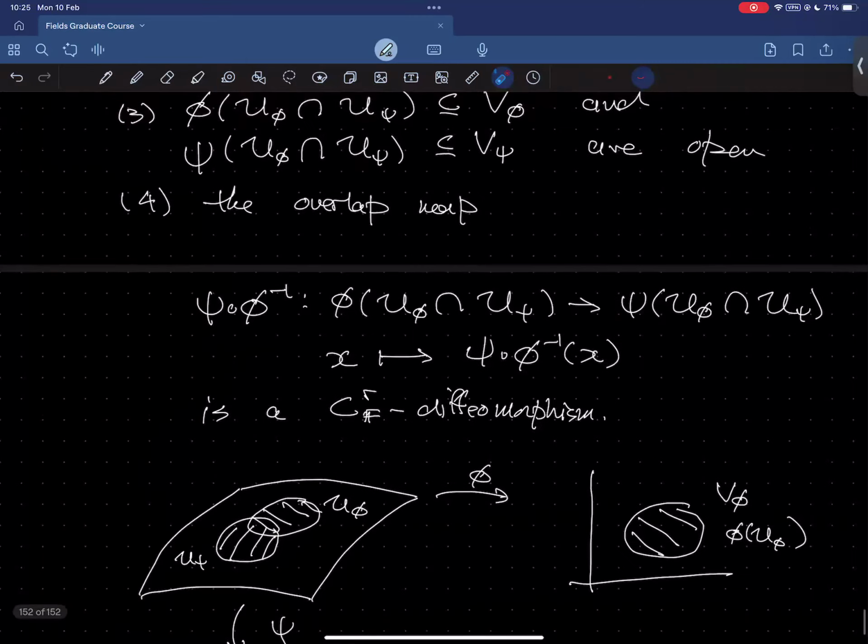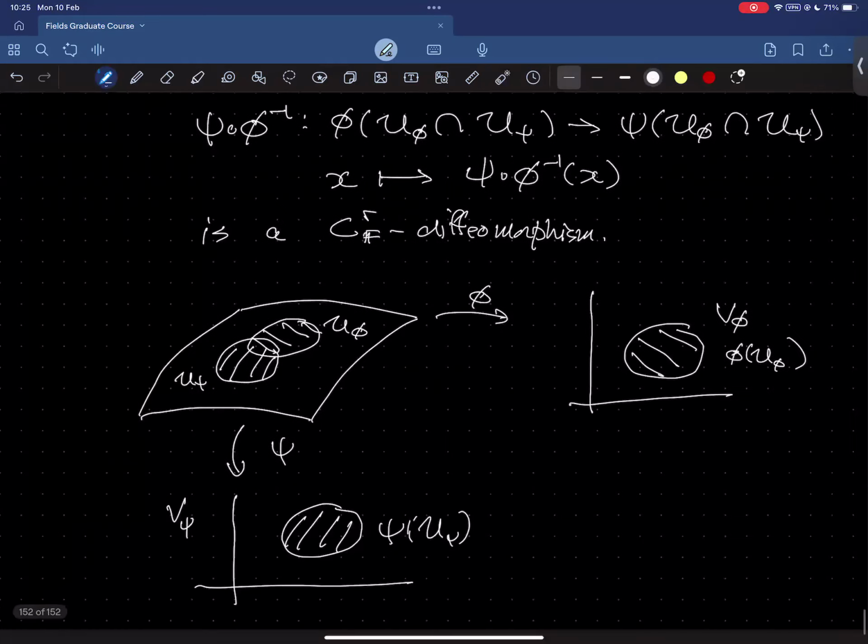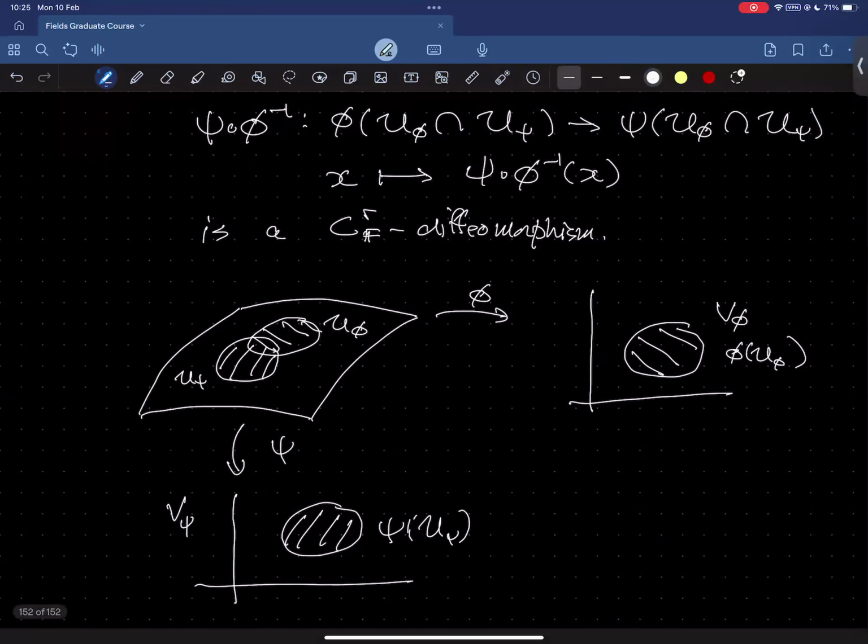I have required that when I take the image of the intersection under the chart maps φ and ψ, that's open. So I'm going to get these regions here, which are open subsets of V_φ and V_ψ.